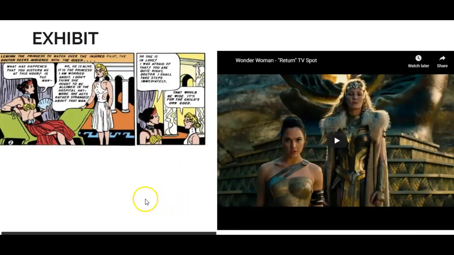Then for my exhibit sources for this topic, I have a screenshot of a part of the old comics. This was from the original Wonder Woman, and in the comics, she's leaving her homeland for true love. And then I'm contrasting that with a movie where she's leaving her homeland out of a sense of duty and responsibility, and she's going to save the world.